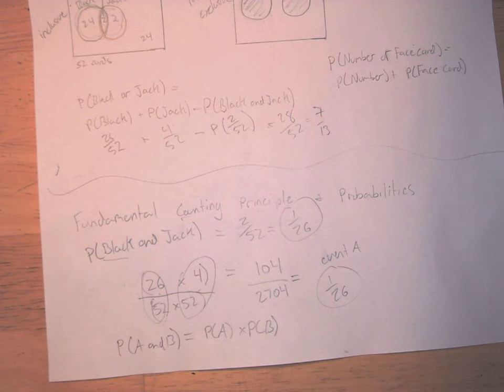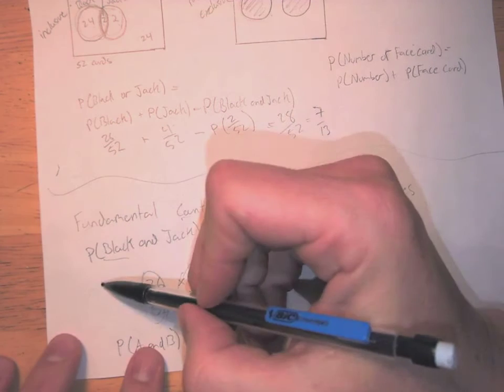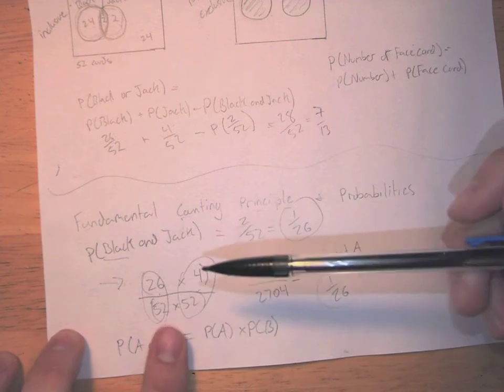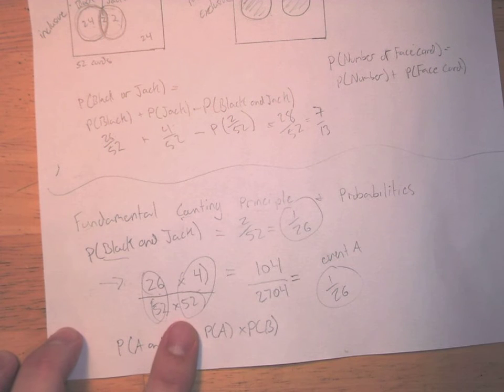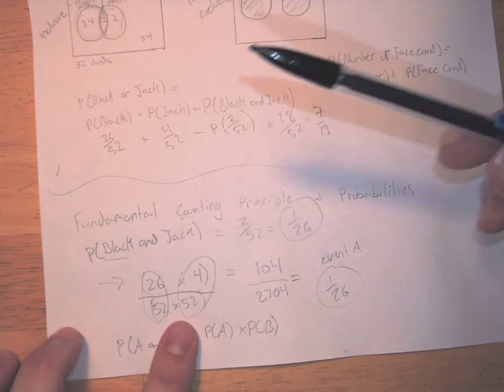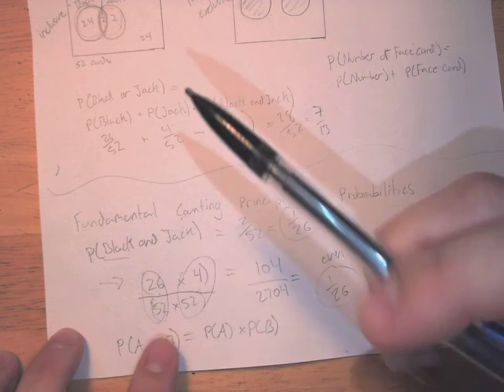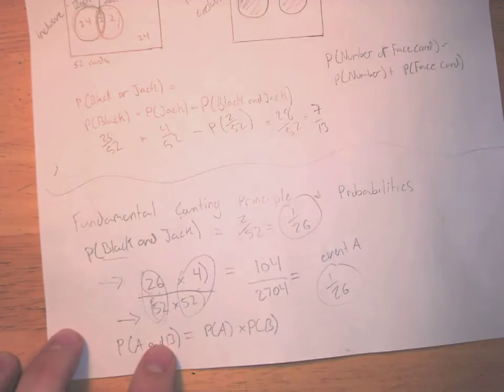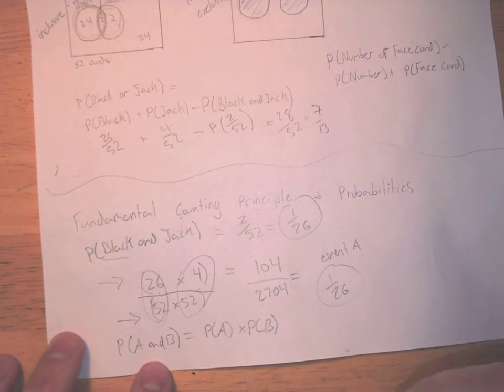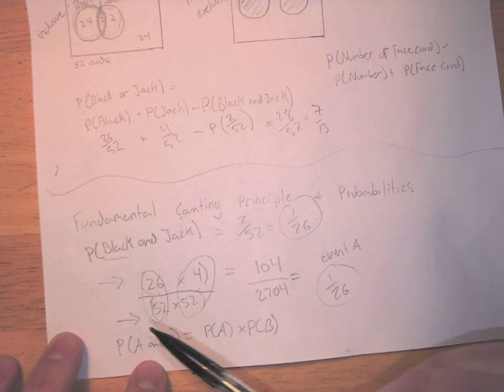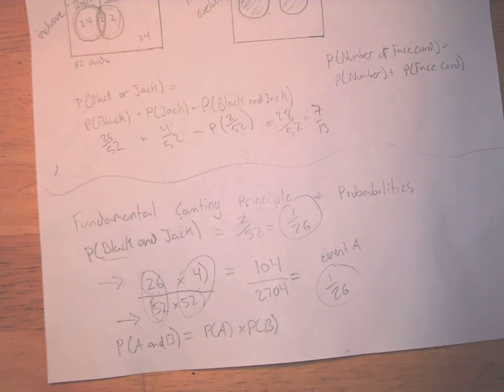When you use the fundamental counting principle on the top of this equation, you figure out how many ways there are to pull a black card on your first draw and a jack on your second draw. And on the bottom, you use the fundamental counting principle to figure out how many different ways there are to pull a card and then pull another card. You get the same probability.